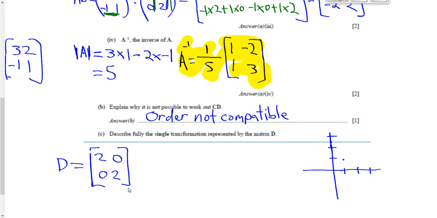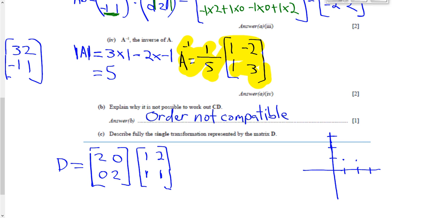So let's multiply this by 1, 1, okay, and see how we go. Actually, well, let's pick 2 points. We'll pick 1, 1, and we'll pick 2, 1. So we've got 1, 1, this being our x coordinate, this being our y coordinate, and we've got 2, 1.